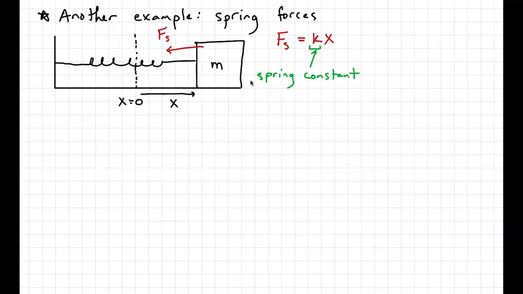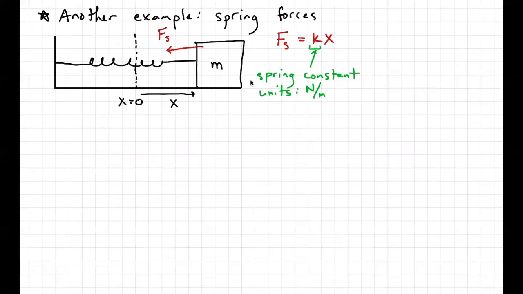A larger k means more force when you pull away from equilibrium, which indicates a stronger spring. The units of this, you can see from the expression, would be newtons per meter. So how many newtons of force do you get per meter that you've pulled the spring away from equilibrium?